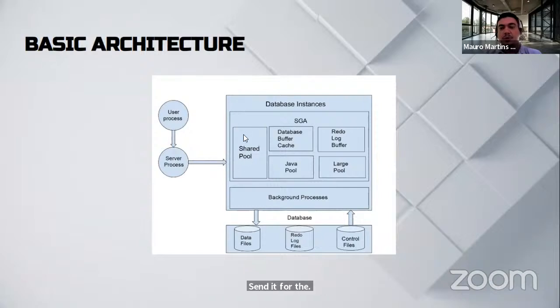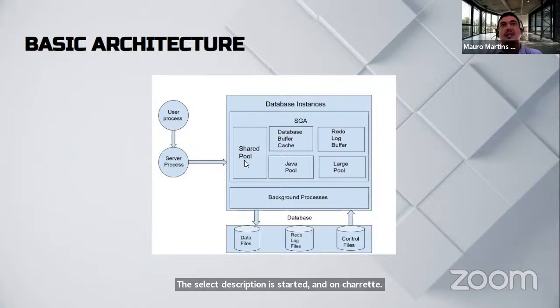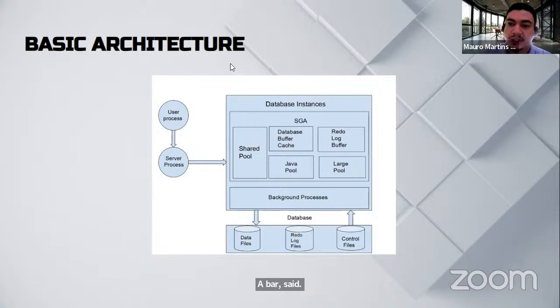For example, you send a select instruction. The select instruction is stored on the shared pool as a parsed command. The parsed command is stored here. The execution plan is stored here.